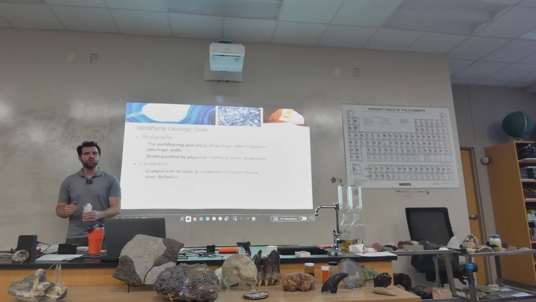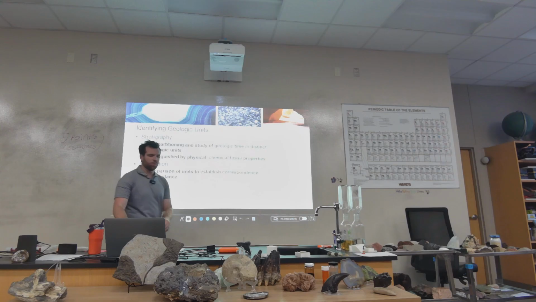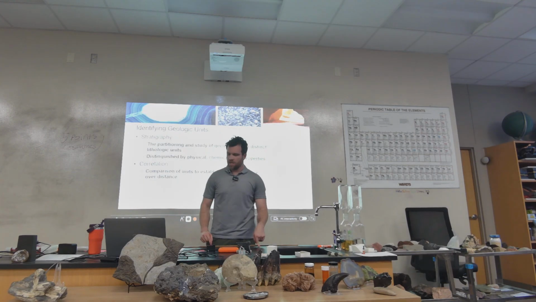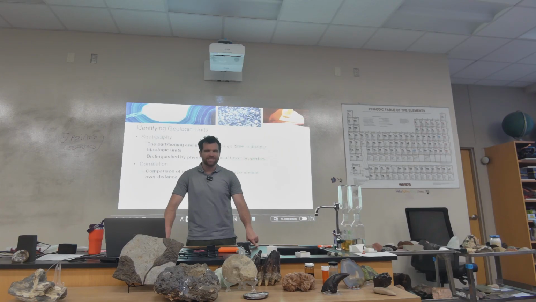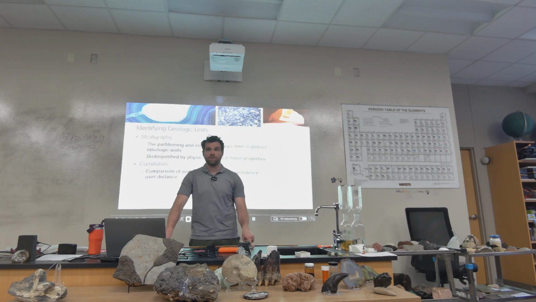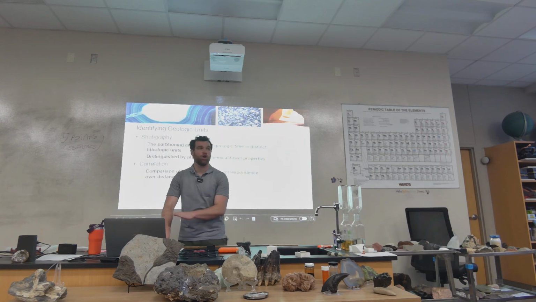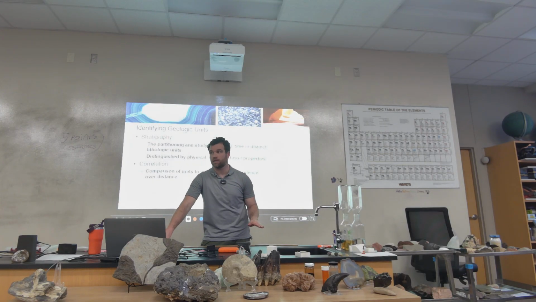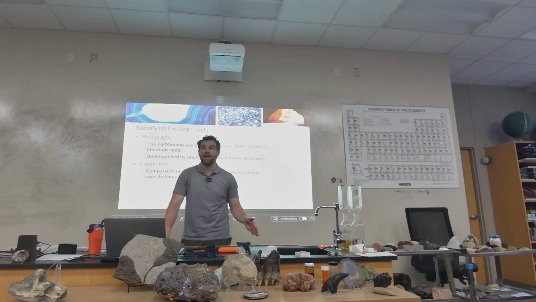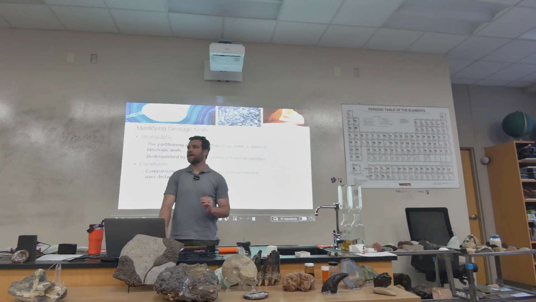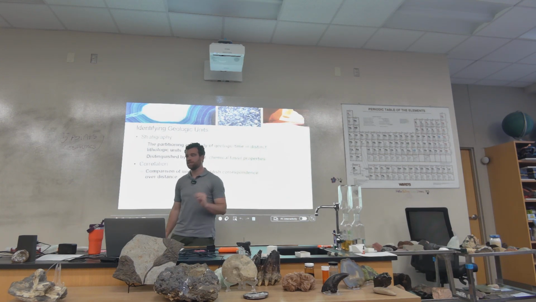Correlation allows me to interpret what happened between A and B. If this is present in layer A, and the next layer above it does not have that thing present, something occurred during the time between to remove the presence of that thing. What was it? Let's find out. That is the essence of stratigraphy.